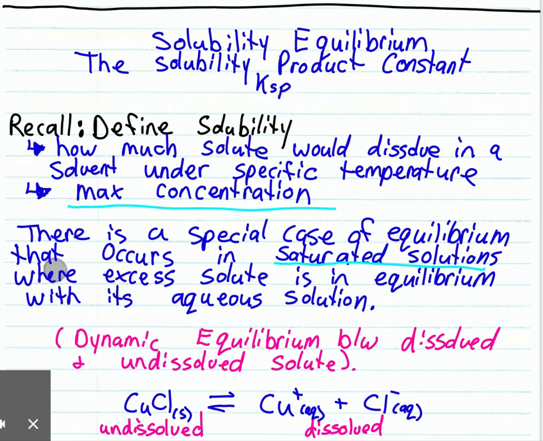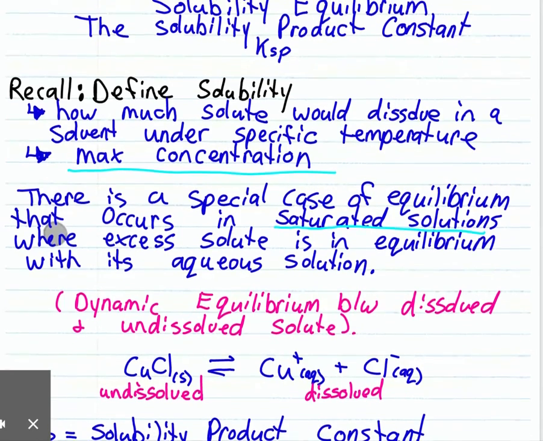solute in the solution. So there's a special case of equilibrium that occurs in a saturated solution where excess solute, so solid solute, is in equilibrium with its aqueous solution.